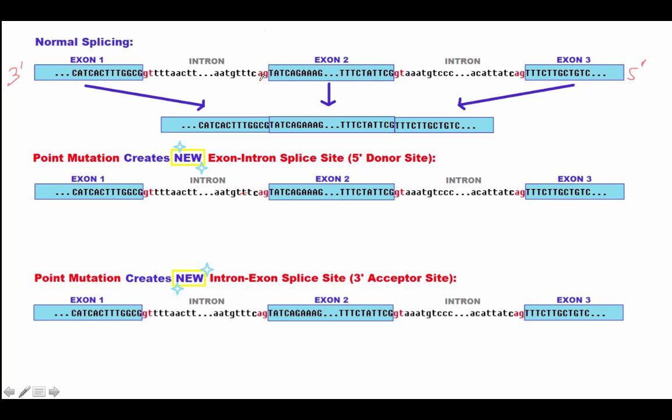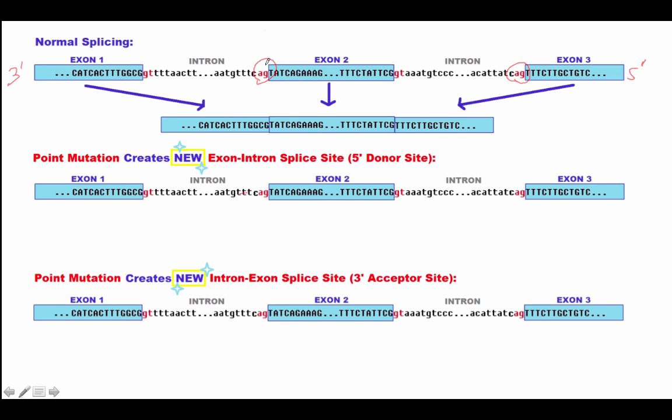The splice sites that are to the left of the exons are the exon intron splice sites, or 5' donor sites. This is the site which is donated to the 5' side of an adjacent exon when the introns are removed.